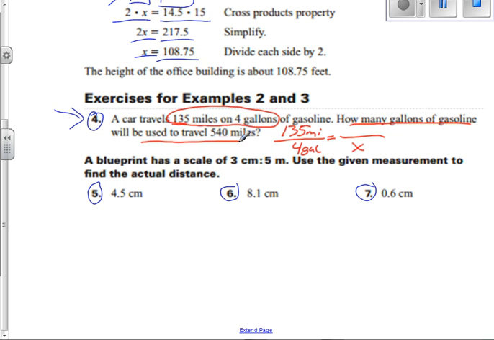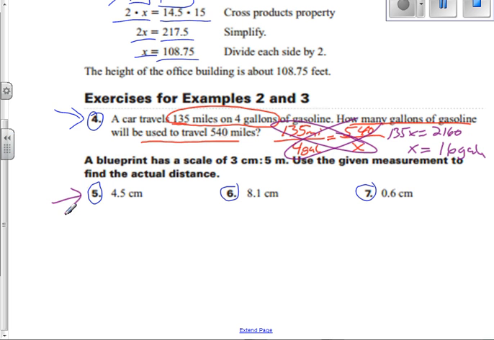First thing you do is cross multiply. So that would be 135x is equal to 540 times 4, which is 2160. Divide both sides by 135, and you'll find out that x is 16, and that would be 16 gallons. So it takes 16 gallons to drive 540 miles, which is the exact same thing as driving 135 miles and only using 4 gallons.